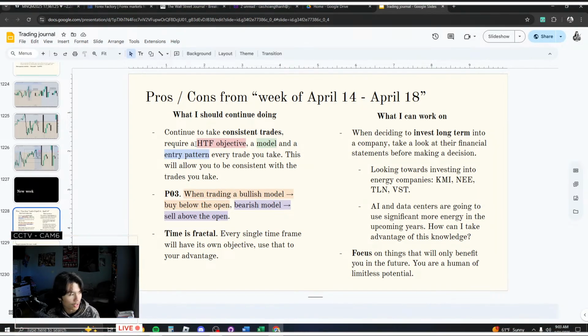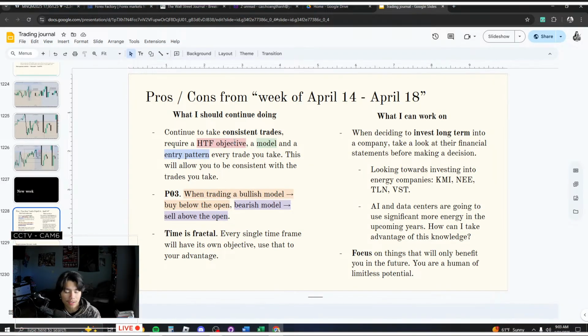If you guys were watching my live streams last week, you know I only took one trade last week, and consistent trades doesn't mean how frequent my trades are, right? I'm not taking 10 trades a day. Sometimes I might not even take a trade in a whole week.